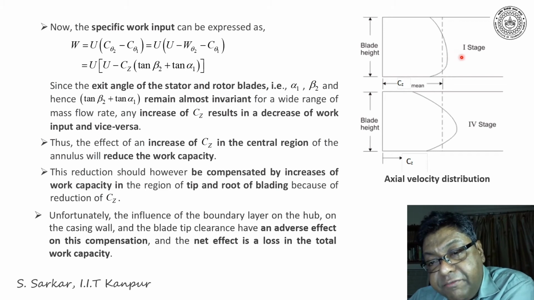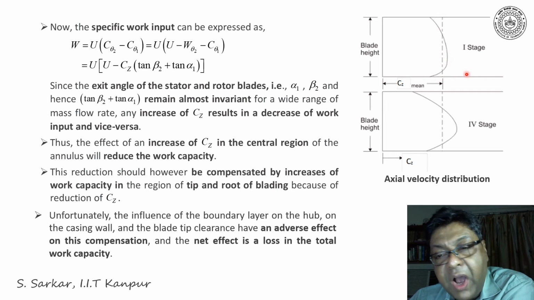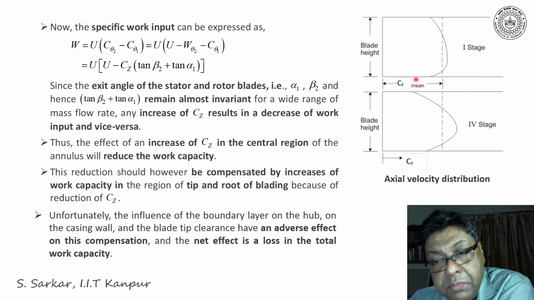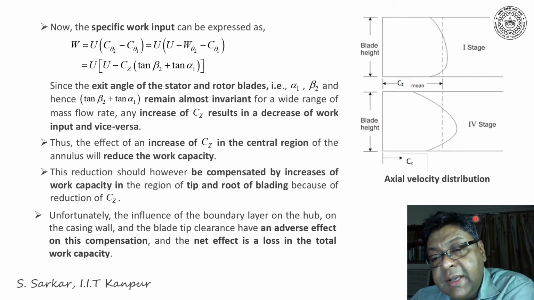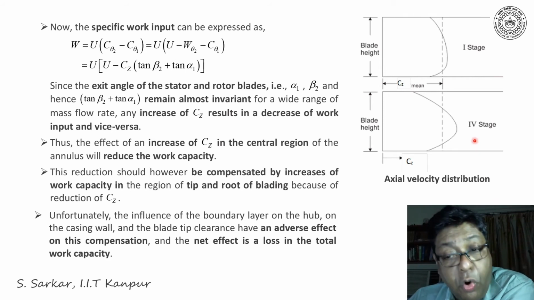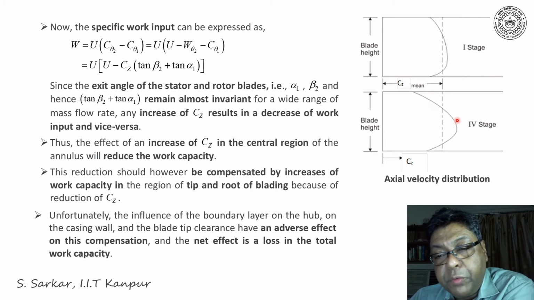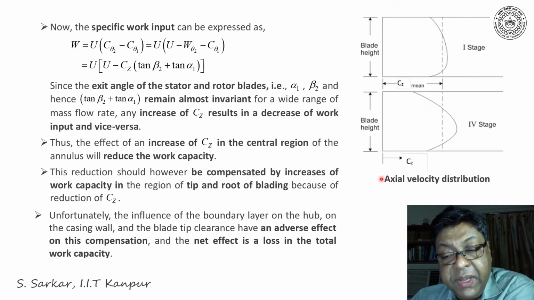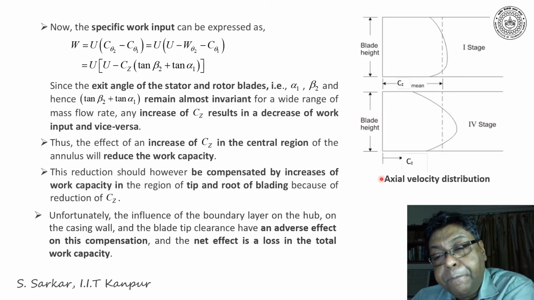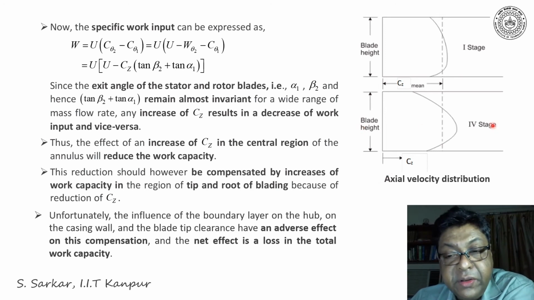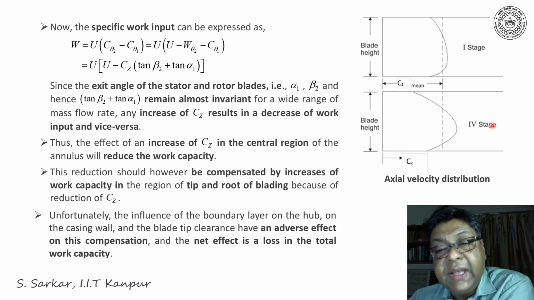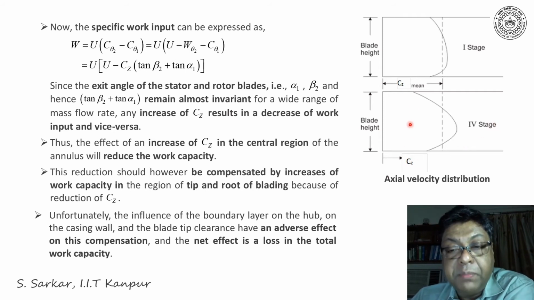So at this first stage, I have indicated a velocity profile from hub to tip, while at stage 4, the velocity profile would be settled at a value where in the central region, the value of velocity would be higher than at the hub and the casing.